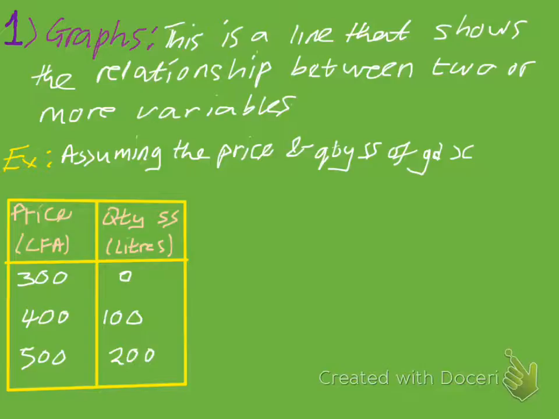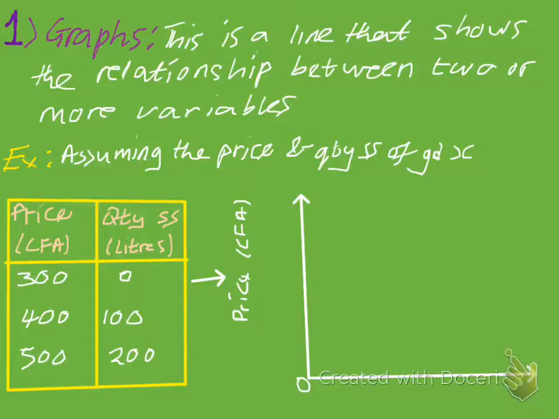So the graph now is a line drawn on two axes. The first axis will present price, which is the y-axis, in CFA francs. The y-axis is the vertical axis, and it moves 200, 400, 600.